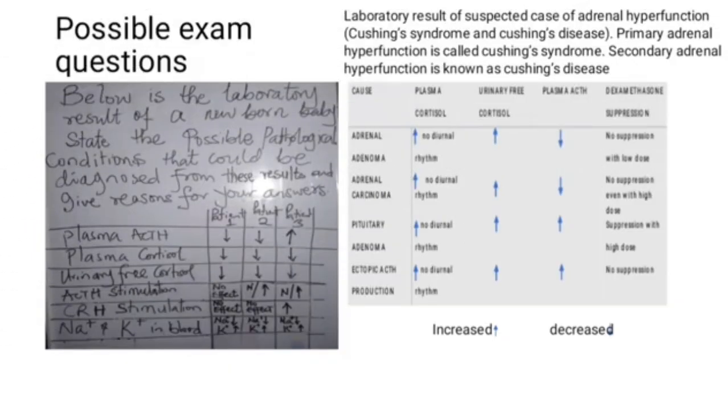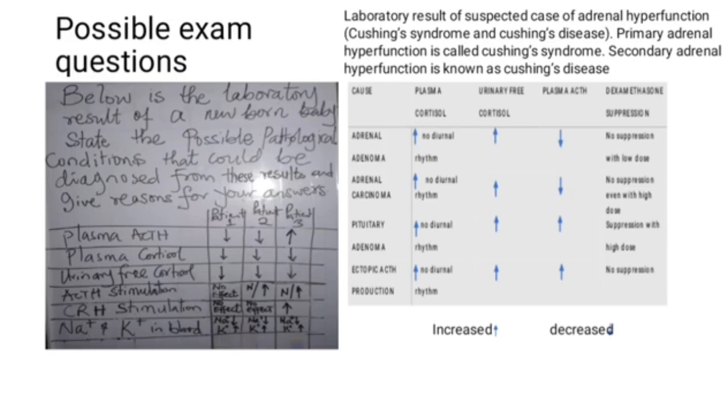So this is a possible exam question on the adrenal axis, laboratory assessment of adrenal function. Below are the laboratory results of three newborn babies, or three patients, as the case may be. It says: state the possible pathological condition that could be diagnosed from these results and give reasons for your answers.